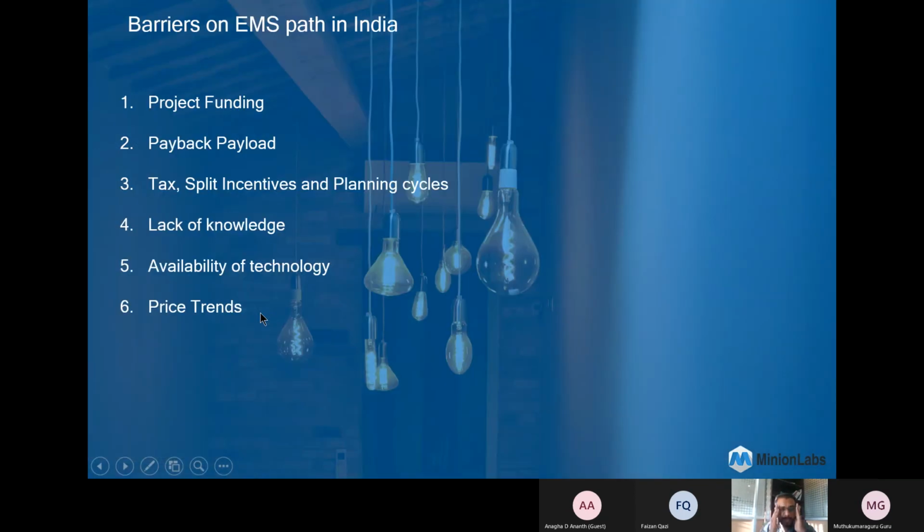So what are the main barriers on the EMS path in India? First and foremost is project funding, obviously. One of the major barriers in implementation of EMS projects in India is the lack of capital on the part of utilities for energy efficiency projects.